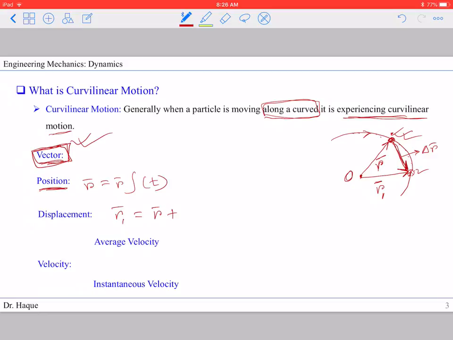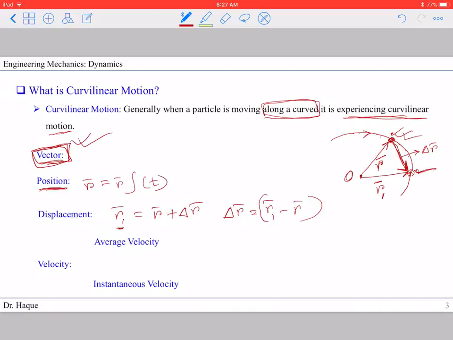So the position vector of the particle at this position can be represented by R1 equals the vector R plus delta R. From here we can get the change of position, which is displacement, R1 minus R. So this is the displacement.